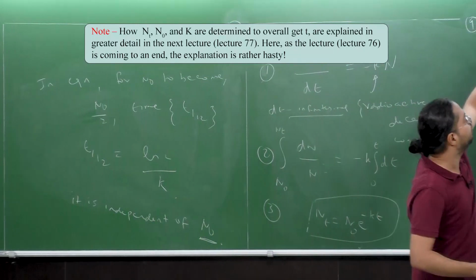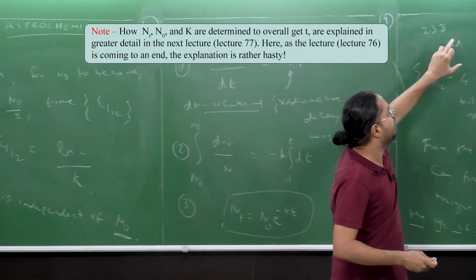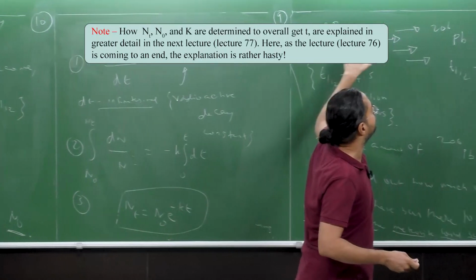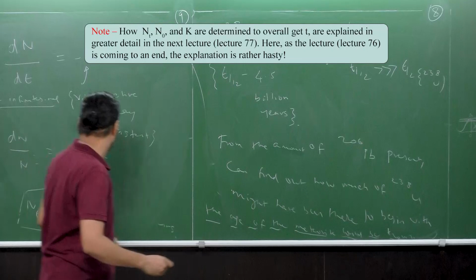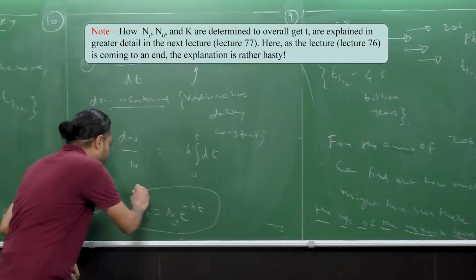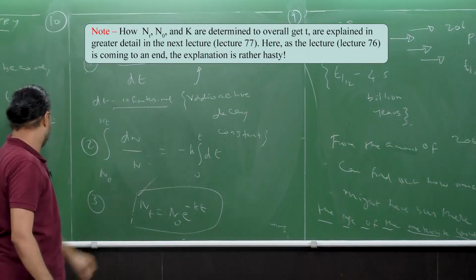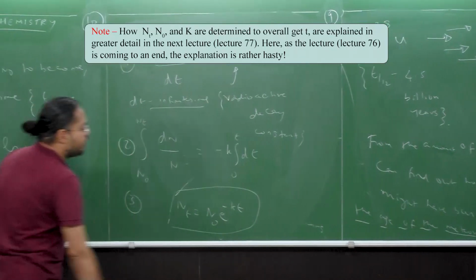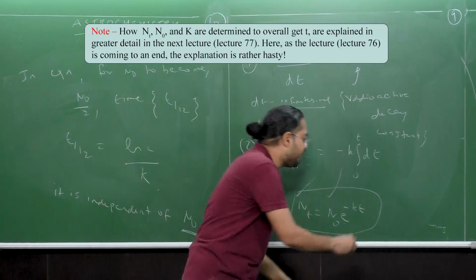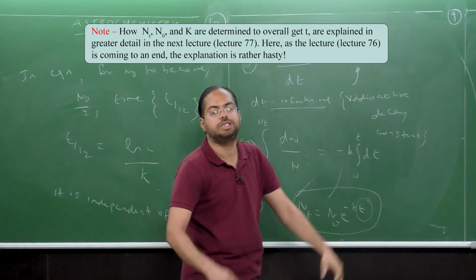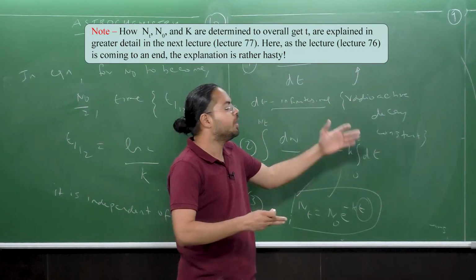If U238 itself is not there, this much amount of U238 should have transformed into this much amount of lead. So from this you can calculate Nt, and using the half-life, your N naught could be calculated. So using Nt and N naught, you can ultimately calculate the time, which tells you how old a meteorite is.